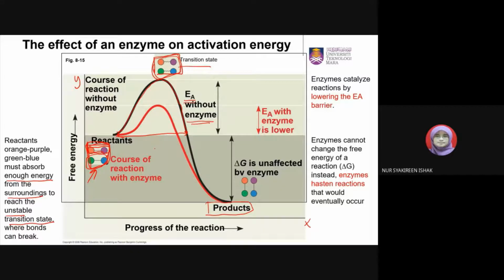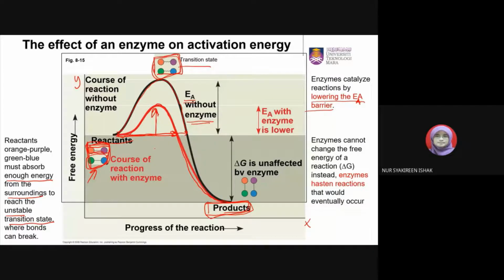But in the presence of the enzyme, as we can see, it speeds up the rate of reaction and lowers the activation energy so that the reactants can quickly turn into the transition state before being turned into products. So enzymes catalyze reactions by lowering the activation energy. This A is supposed to be a subscript.